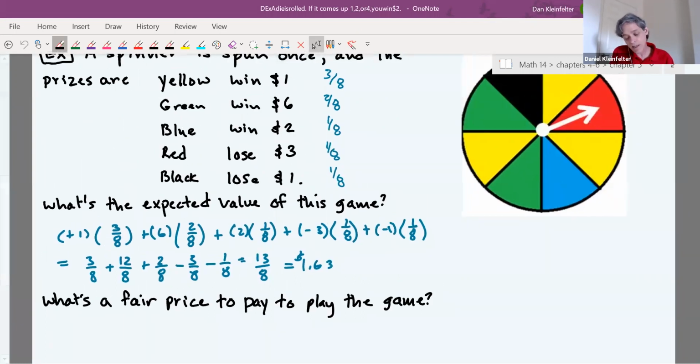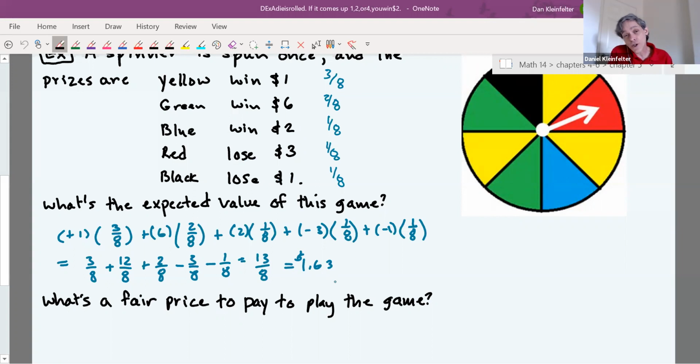Here, for this spinner game, it definitely wouldn't be a good idea for me to play this game with you, because although I could, you would lose sometimes, right? If you spin either black or red, you lose, but you are going to win more and more often, right? On average, $1.63 per turn. So definitely an advantage to you and a disadvantage to me.